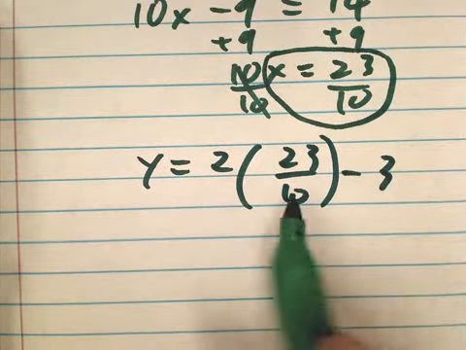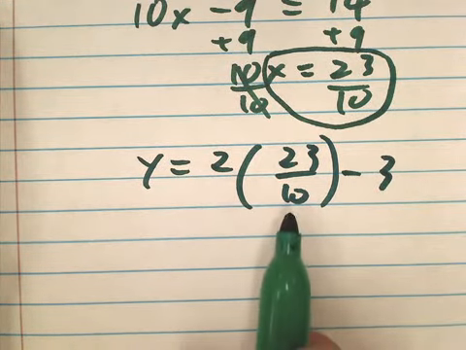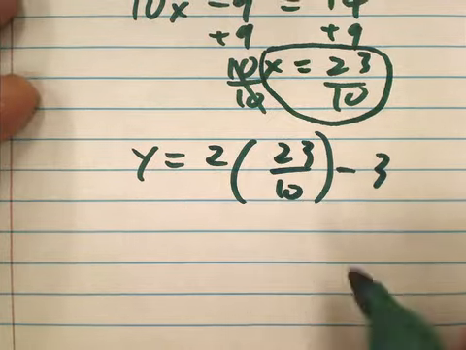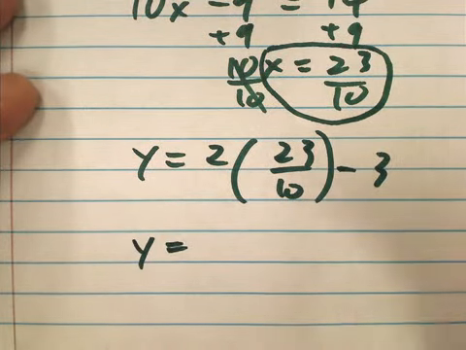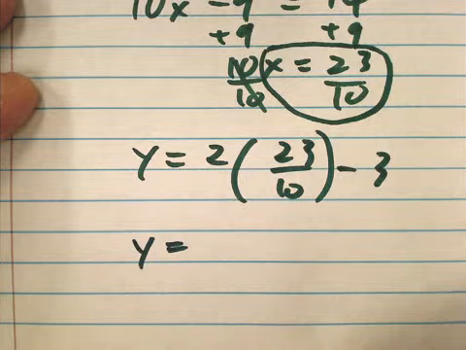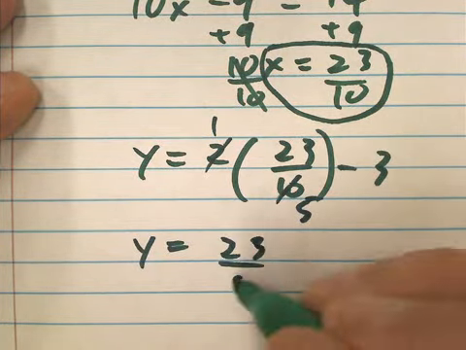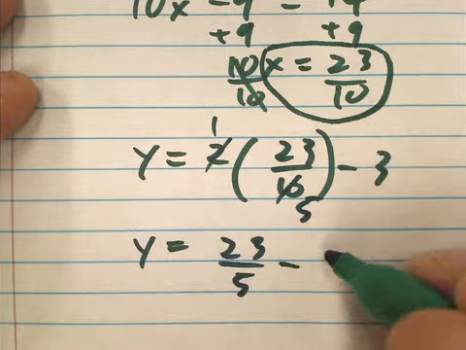Okay, y equals 2x minus 3, but I found x. X is 23 over 10. So I'm going to plug that in there. Okay, so let me see here. Y equals, well, the 2 and the 10 would reduce a little bit. That'd be 1, that'd be 5. So 23 over 5 minus 3.